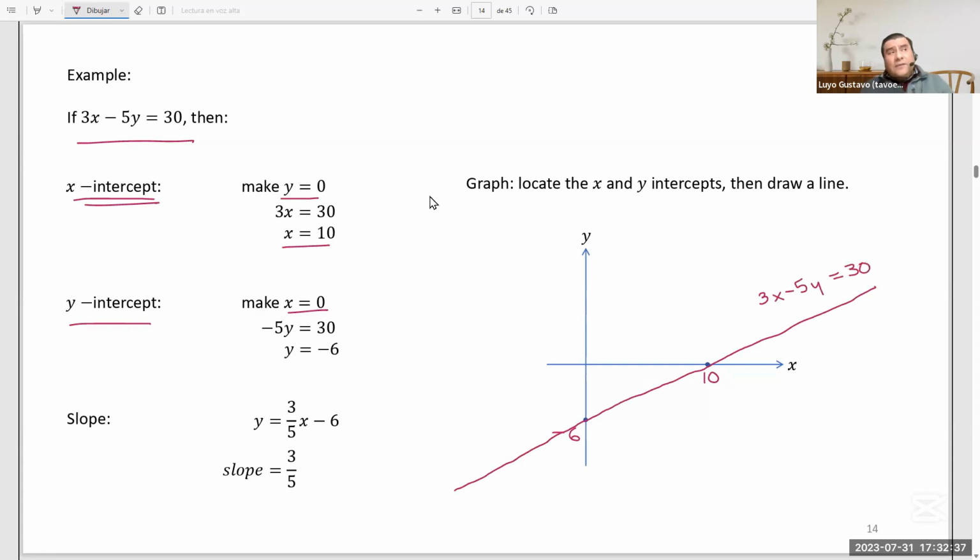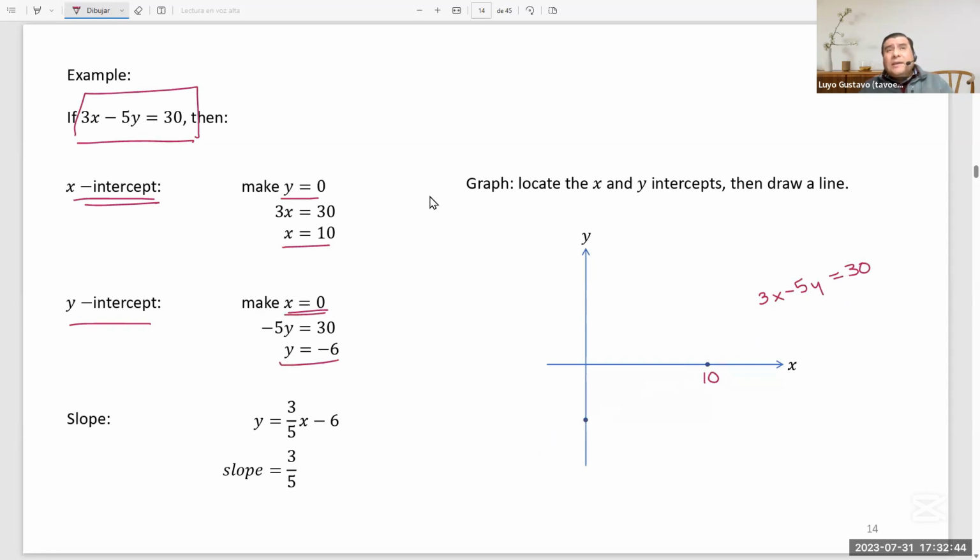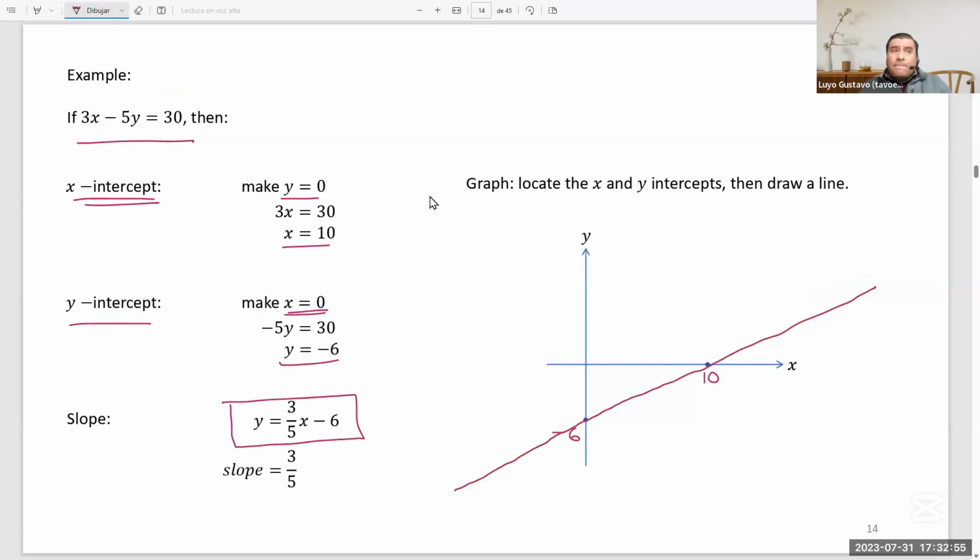Of course, if you take the equation and isolate the variable y, then what happens? If you isolate variable y, then what you can notice here is that y would be this in terms of x. And here you can see that this coefficient multiplying variable x is called the slope of the line.